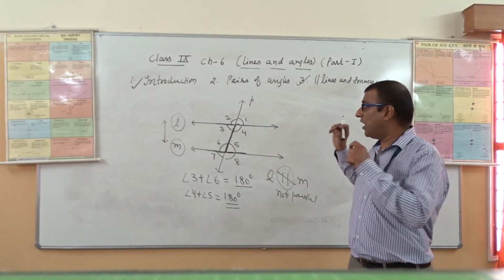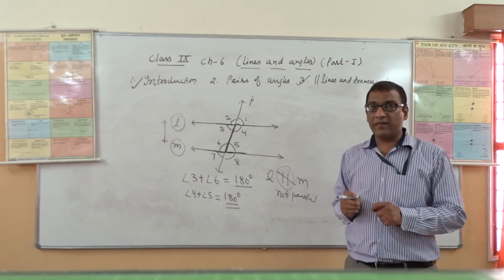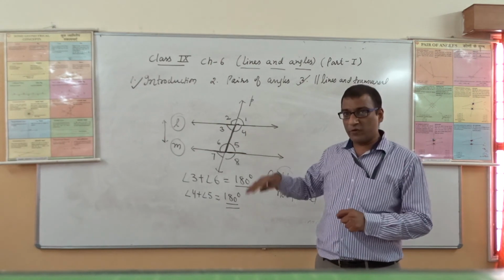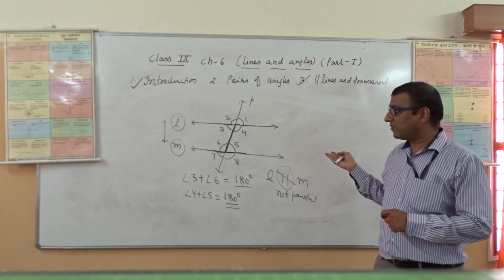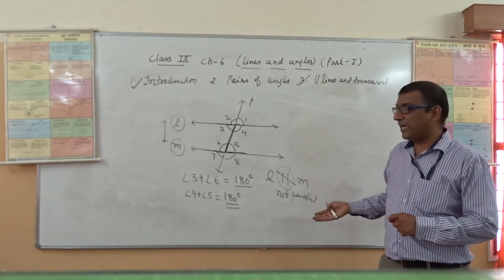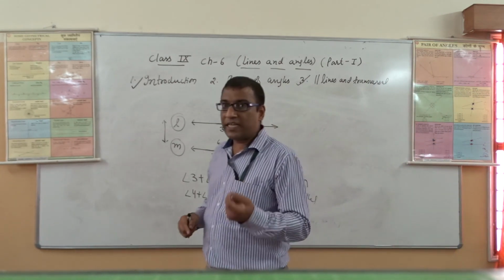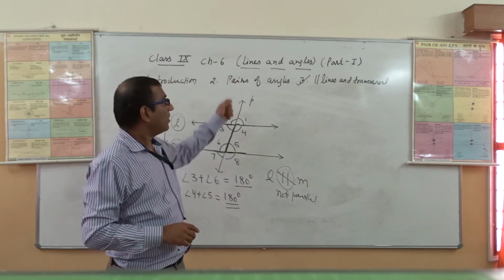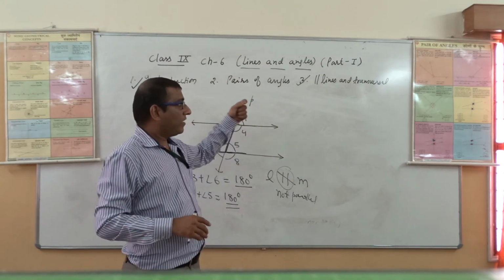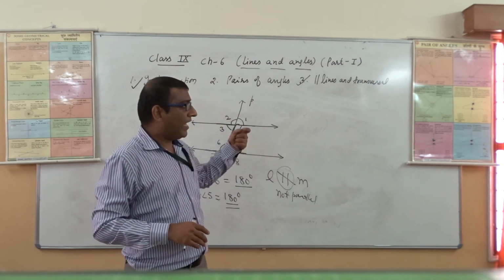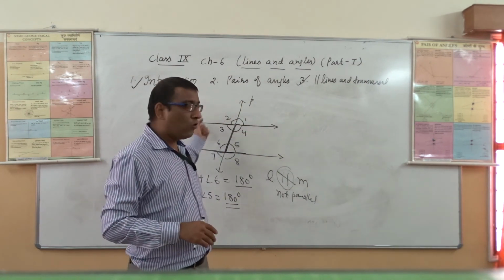You will go through all these diagrams again so that you learn about vertical opposite angles, pairs of angles, transversal line and parallel lines. In my next video, I will tell something more about lines and angles. I will tell some more theorems related with lines and angles, and in that video I will take all these concepts.